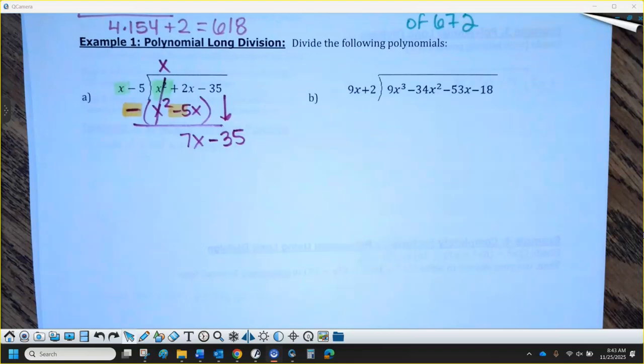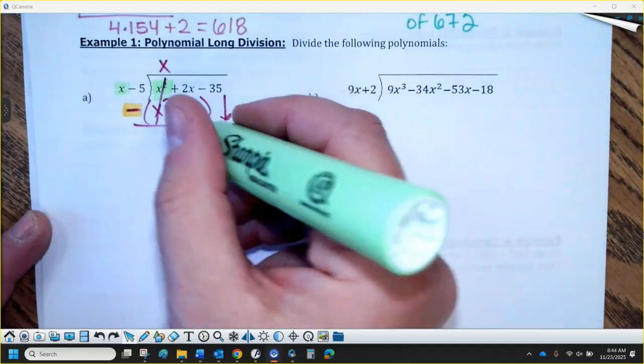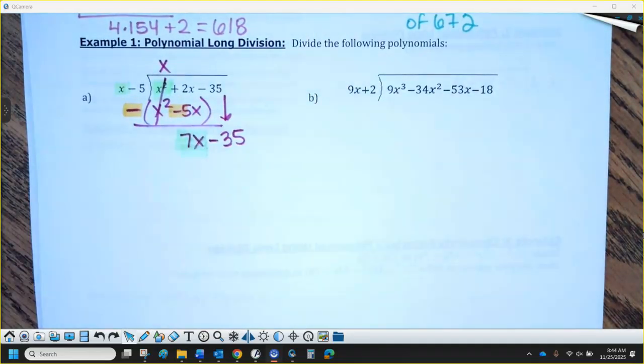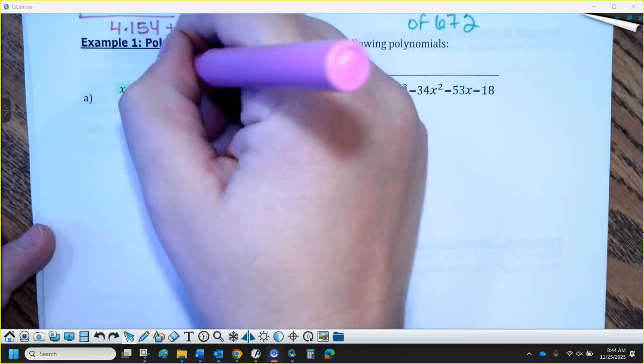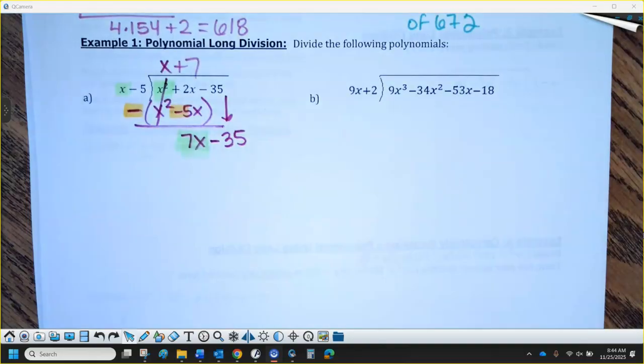And then I'm just going to ask you one more question. Repeat that process. Just look at the very first thing outside here and the very first thing outside here. What would you multiply x by to turn it into 7x? 7. So then up here, we're just going to put plus 7. And maybe I'll try and be consistent and use the same marker. That was dumb.